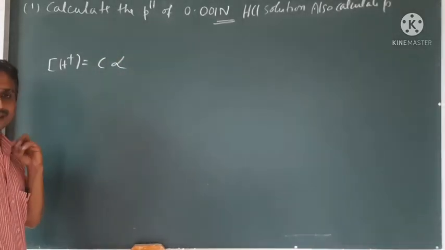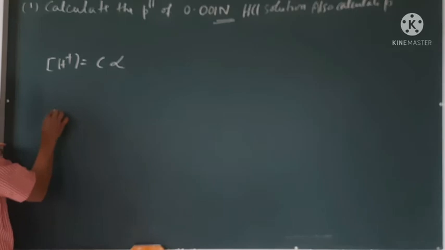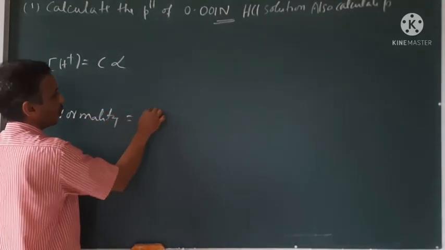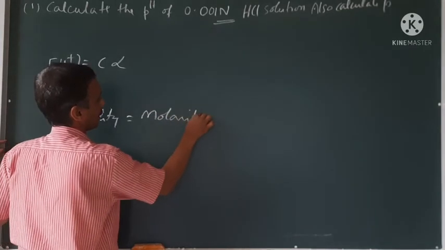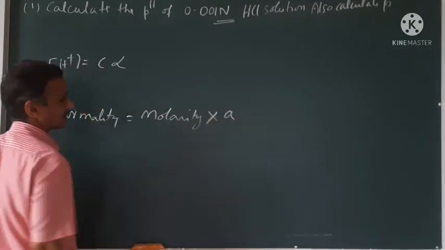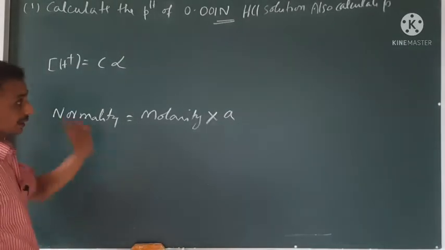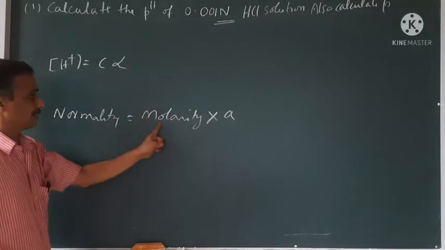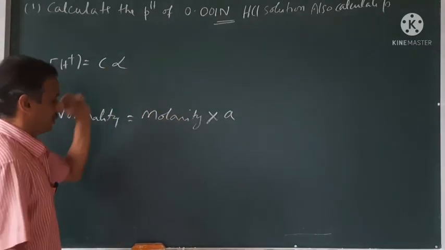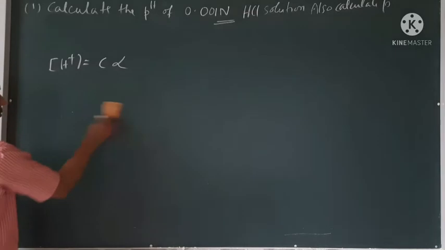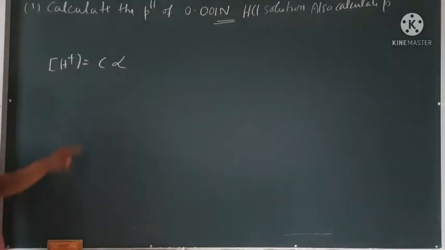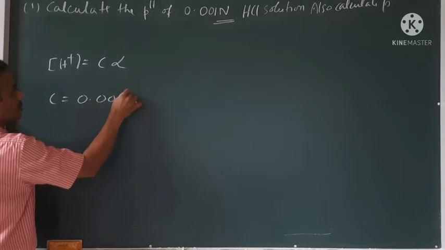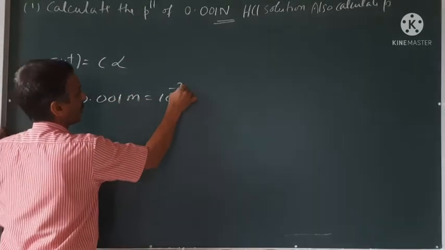No A term is there because normality is equal to molarity into A, basicity, and the basicity factor is already taken care of in the normality, so no multiplication by A. And C is 0.001, which I can write as 10 to the power minus 3 M also.